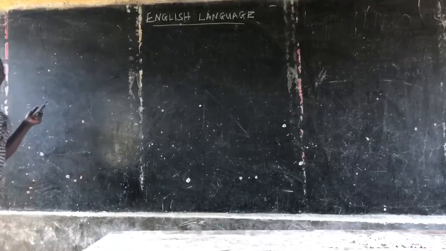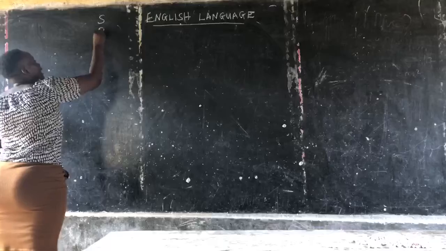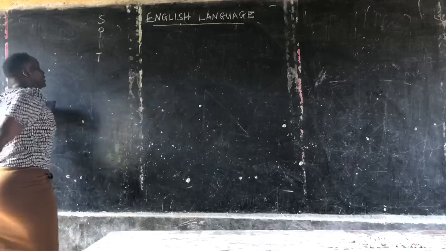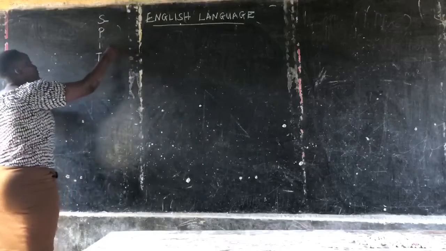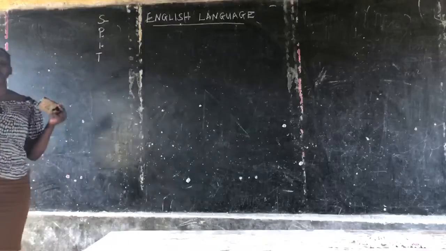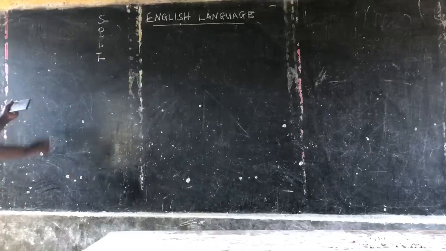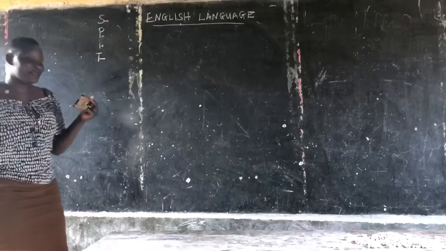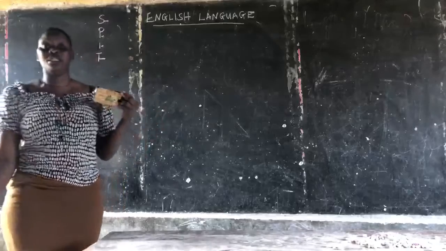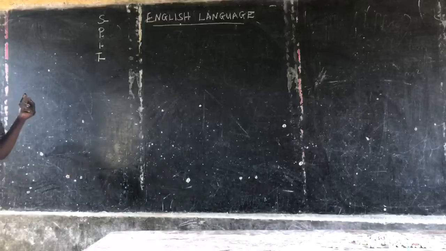When we are dealing with our first 30 numbers, we use the marking codes: S for the spelling, P for the punctuation, I for the instructions, and T for the tenses. Most of the learners know the answers, but the problem comes with the spelling.